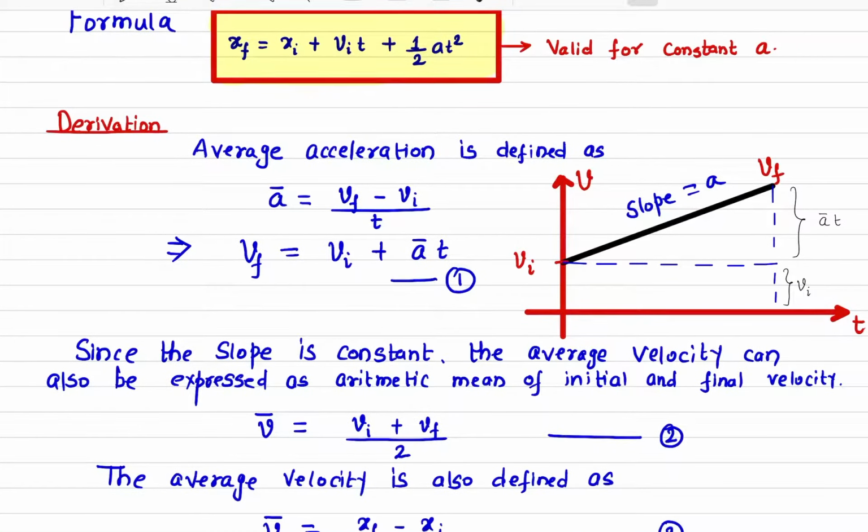And the motion I'm talking about here is the motion in which the acceleration is constant. Acceleration is not changing with respect to time. An example of a constant acceleration is when you drop an object under the influence of gravity.